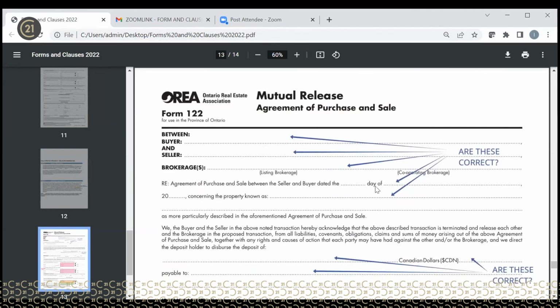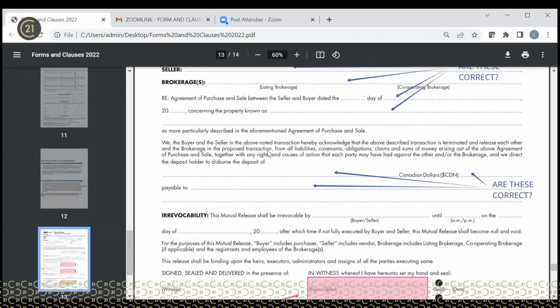The agreement of purchase and sale dated, that's the agreement that is referred to on the APS at the top of the first page and actually on every page. Make sure you have the correct date in there. The correct property as described in the APS. But more than anything, we're seeing issues down here where either the dollar amounts in numbers and words don't match.